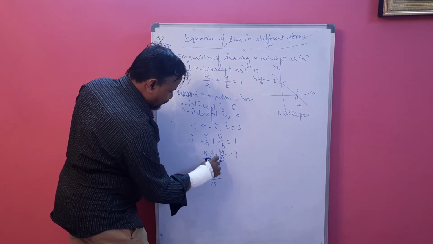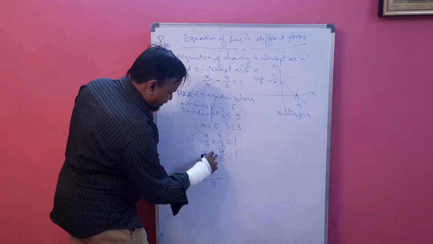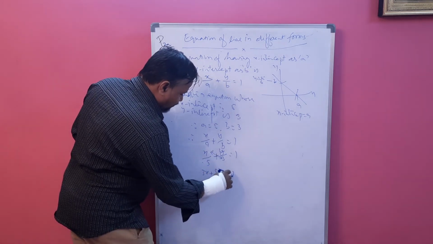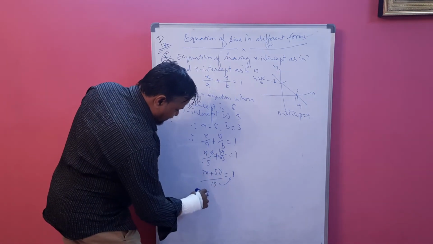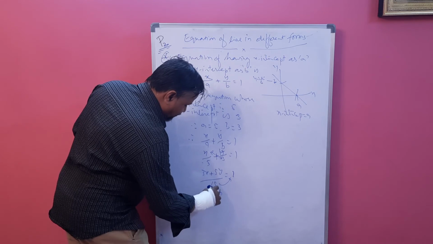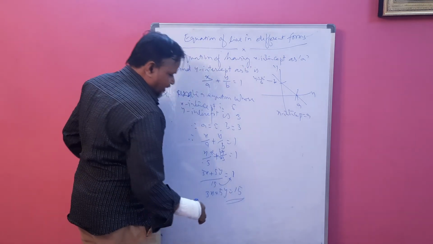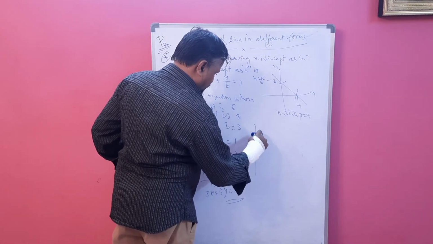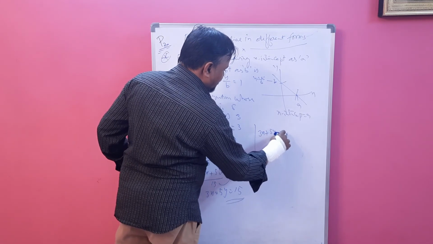This way, 3x plus 5y equal to 1, and now multiply again, so this is nothing but 3x plus 5y equal to 15. This is an equation. Or we can write this equation in this form also: 3x plus 5y minus 15 equal to 0.